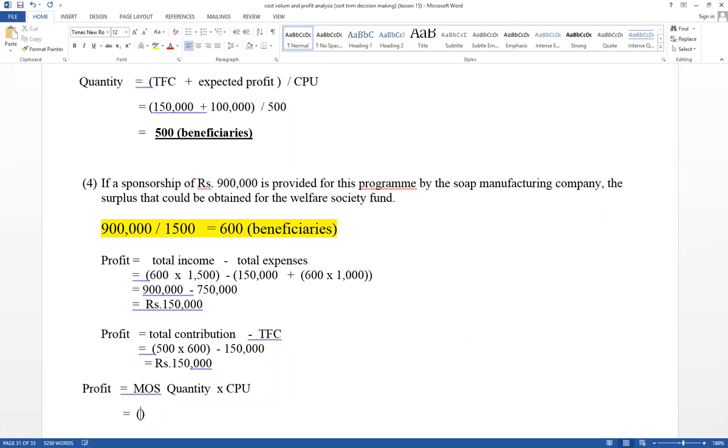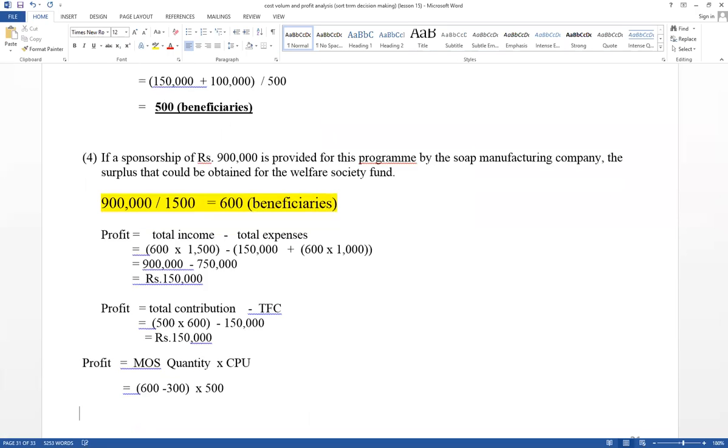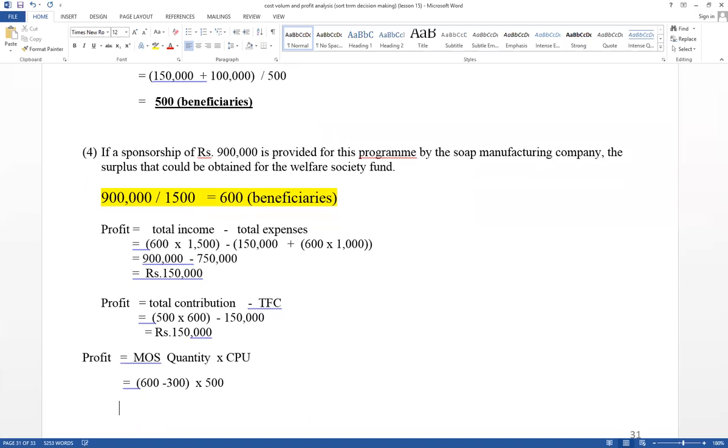Margin of safety quantity equals 600 minus break even point quantity, multiplied by contribution per unit of 500. Same as before, therefore profit equals 300 into 500, which is 150,000 rupees.